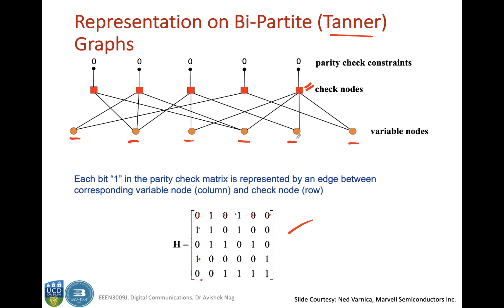So now, if you see the first row, this first row has a 1 in the second place and the fourth place.